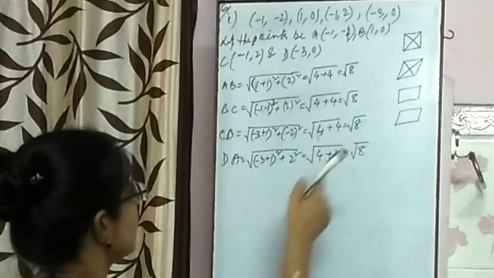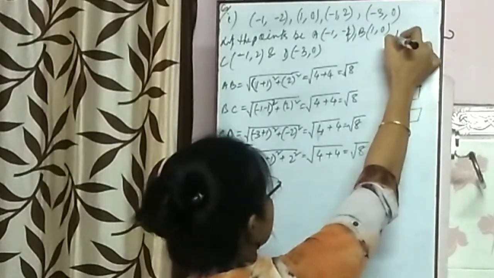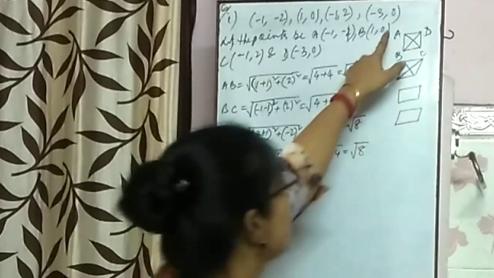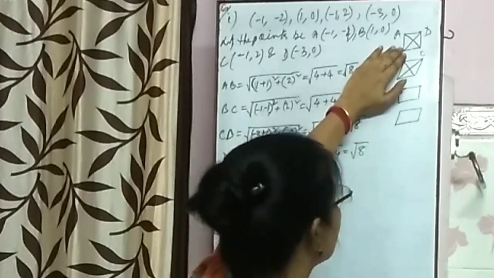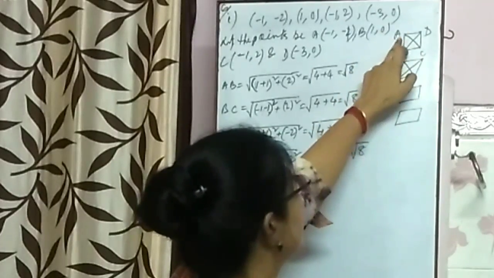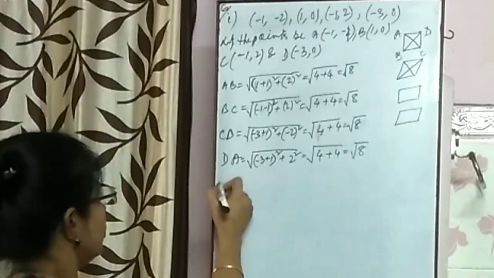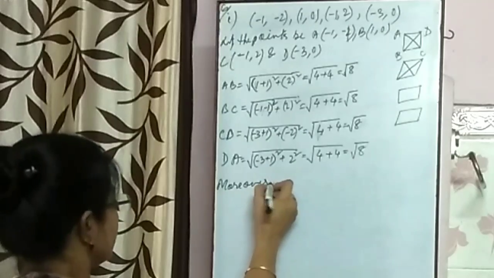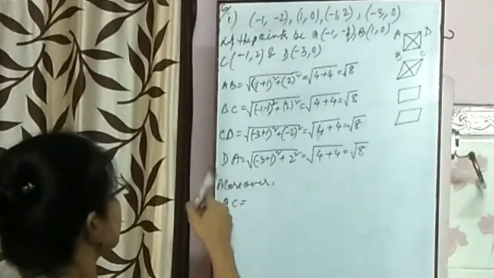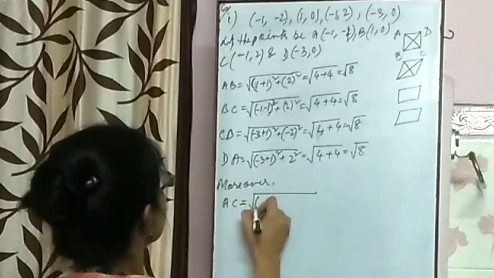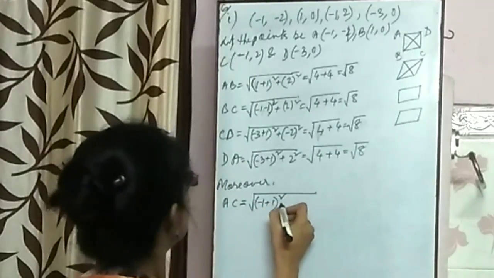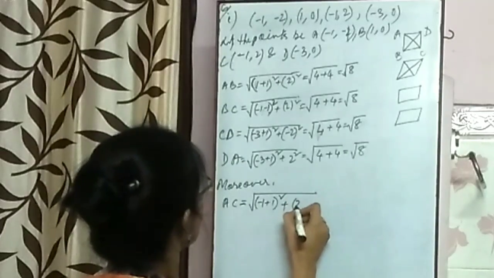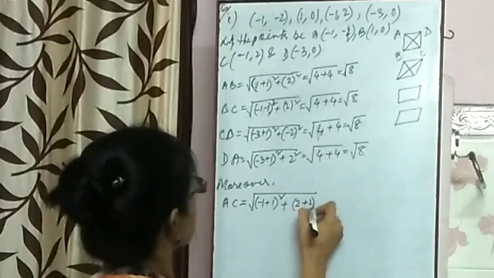Now you find the diagonals. How can you find the diagonals? If it is A, B, C and D, then AC and BD. That means you can't go serially, you skip one coordinate and take the next one, like AC, BD. Moreover, AC you find: minus 1 minus plus 1, 2 minus minus, so it will be plus.